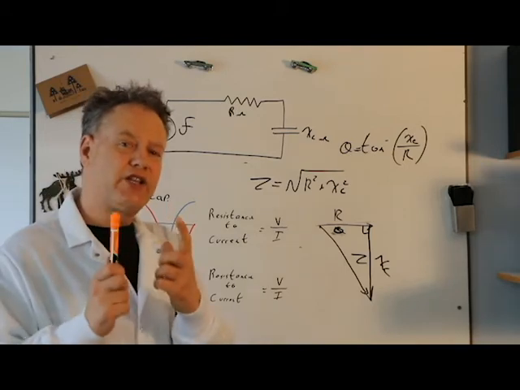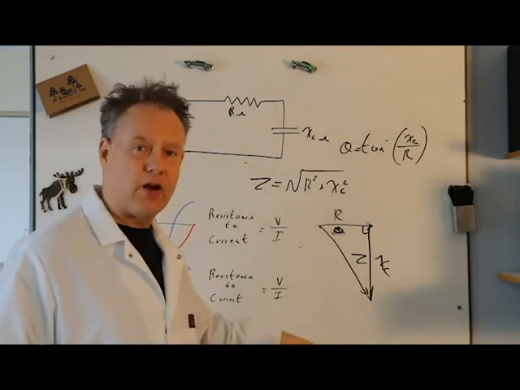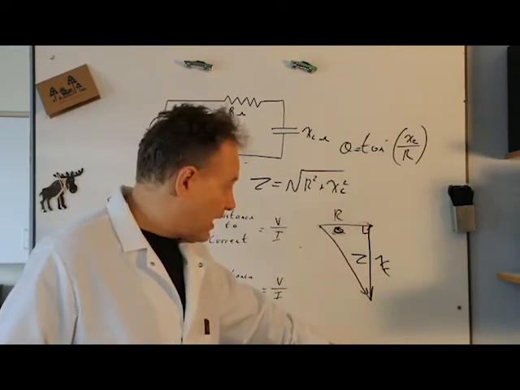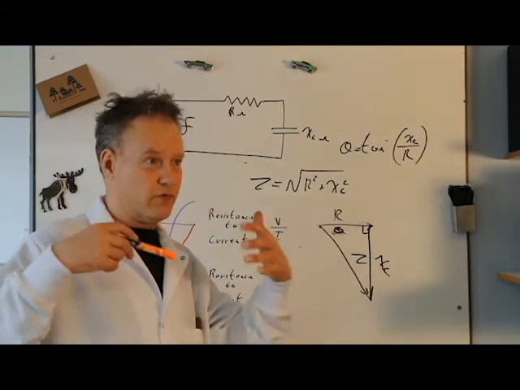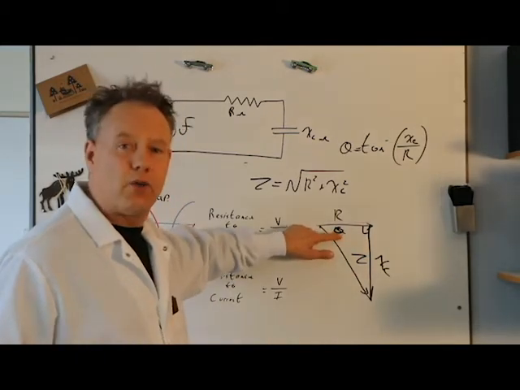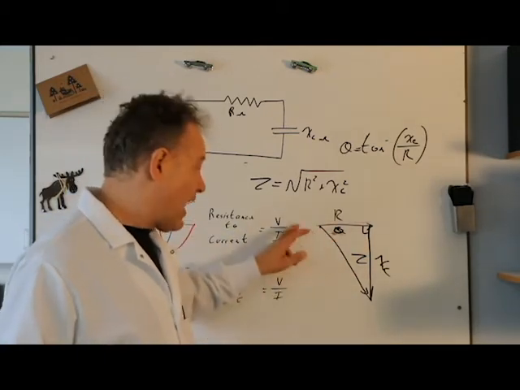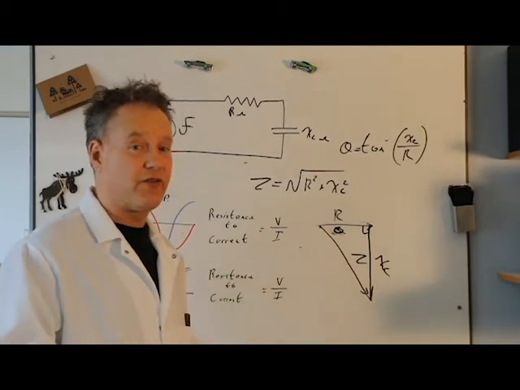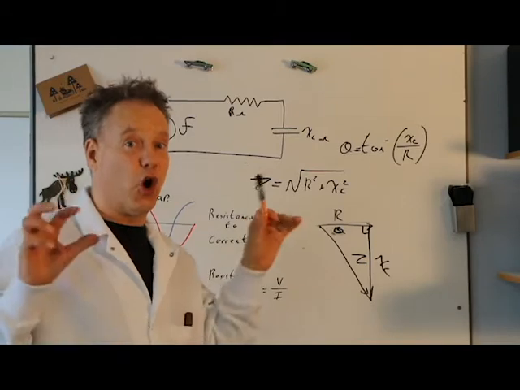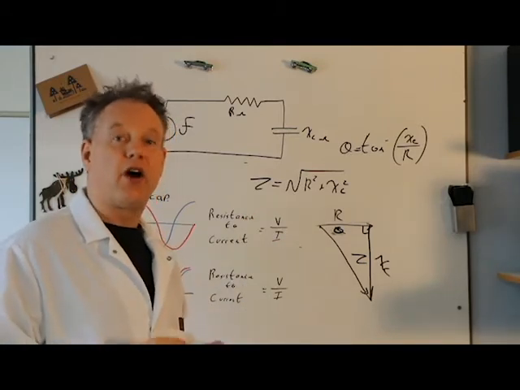So depending on how we change the frequency, this thing goes up and down. When you lower the frequency, that gets longer. If you raise the frequency, that gets shorter. So that angle will change. The angle and the length of the line are dependent on frequency. It's pretty cool. So that's actually how we find out the total resistance of the circuit. We call it impedance.